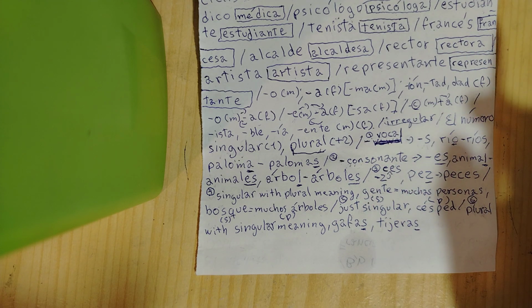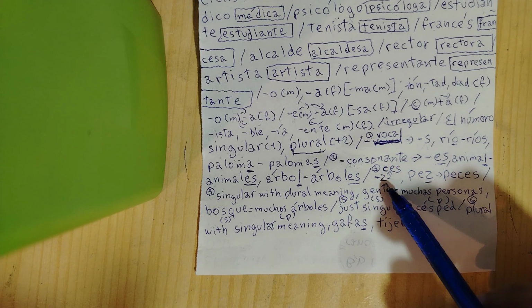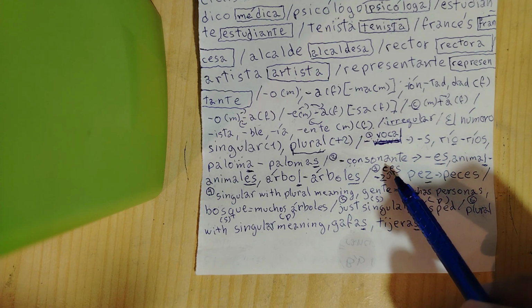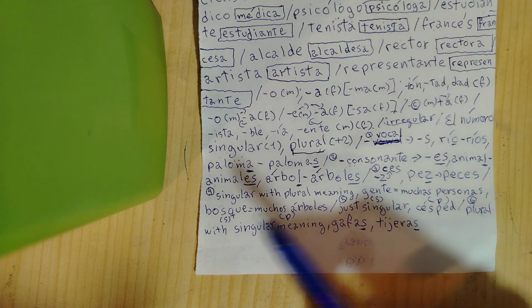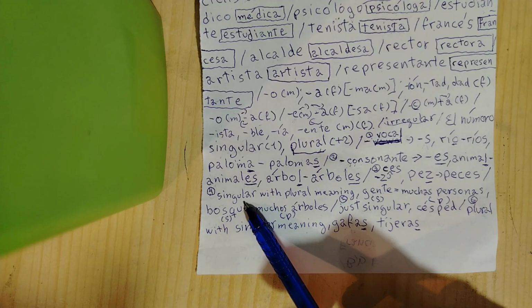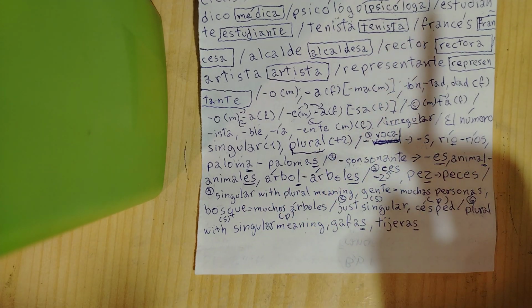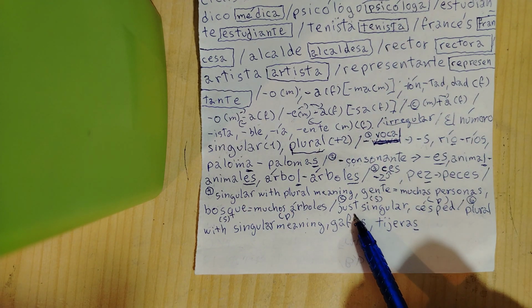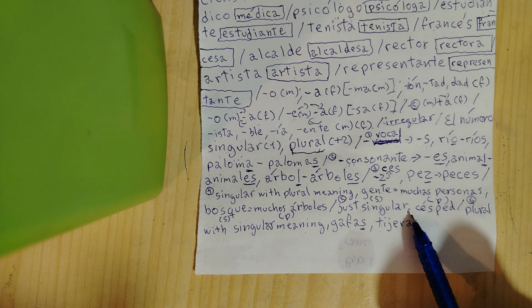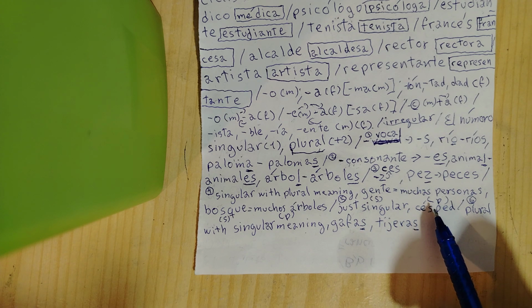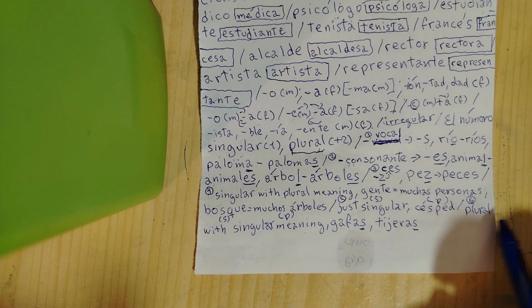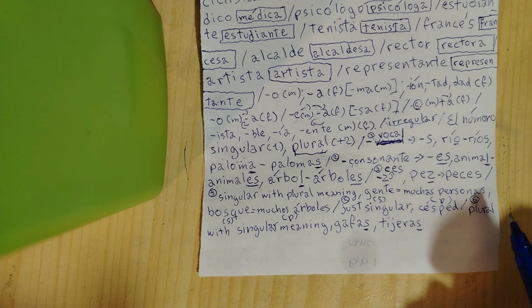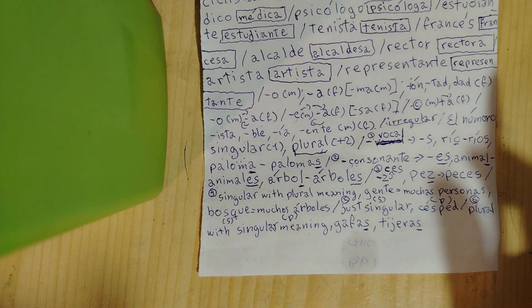If the noun ends with z, you change the z for a c and add es. And also there are some nouns that are written like singulars but have plural meaning. There are some nouns that are just singular, they don't have a plural counterpart. And there are some nouns that look like plural nouns, because they are written with s, but they have a singular meaning, right?